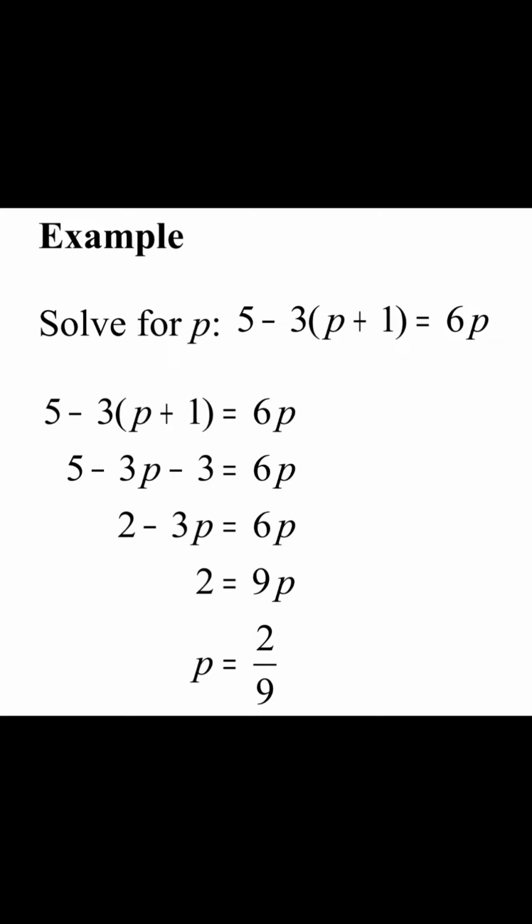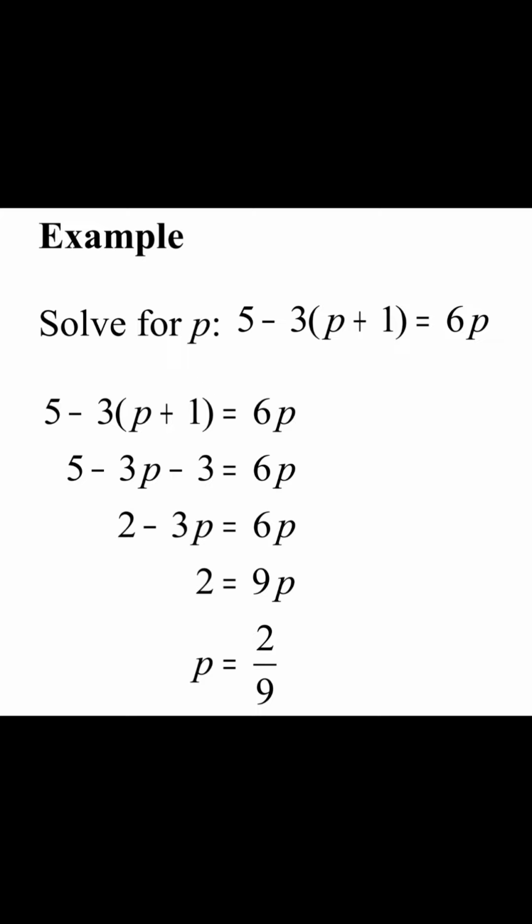And with the plus 1, they've taken the 1 and multiplied that by 3, and of course you're just left with 3, so that's how you end up with 3p minus 3. And so the second line becomes 5 minus 3p minus 3 equals 6p.